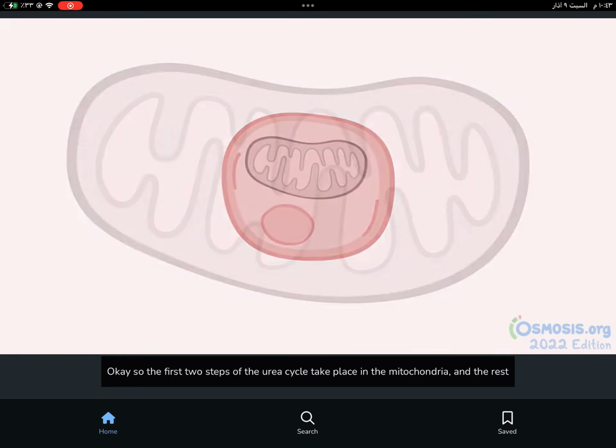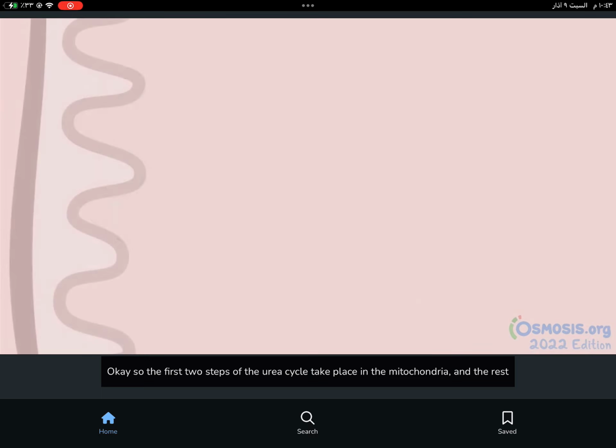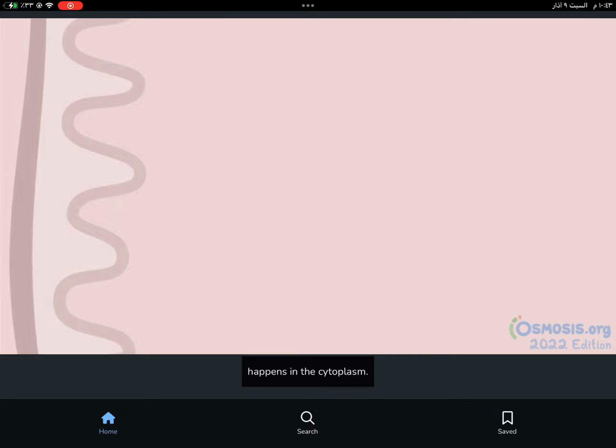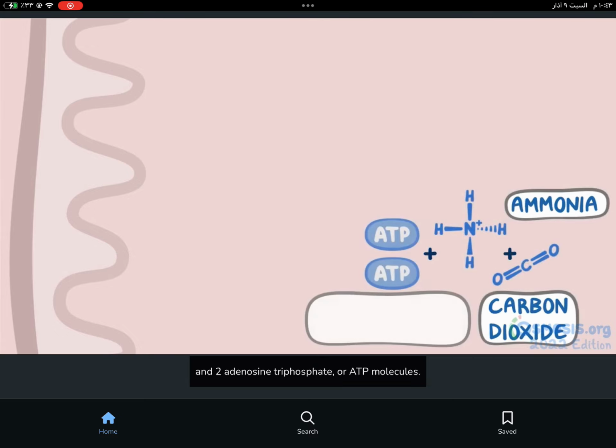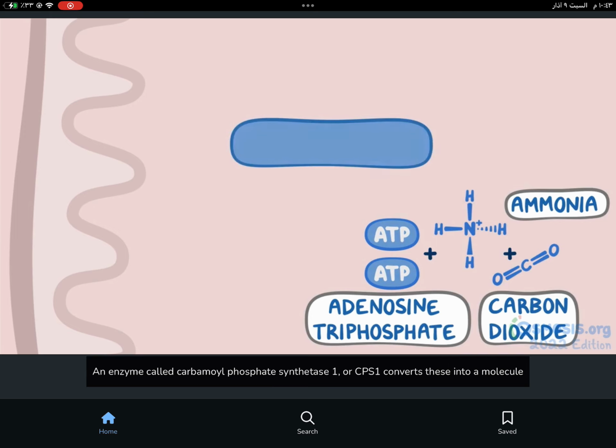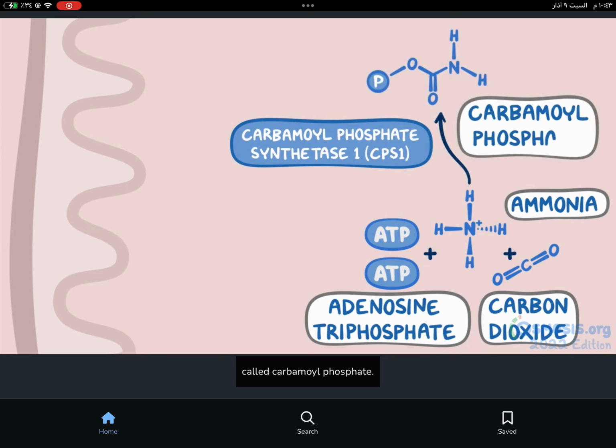Okay, so the first two steps of the urea cycle take place in the mitochondria, and the rest happens in the cytoplasm. To kick things off, the participants in the first reaction are ammonia, carbon dioxide, and two adenosine triphosphate, or ATP molecules. An enzyme called carbamoyl phosphate synthetase 1, or CPS1, converts these into a molecule called carbamoyl phosphate.